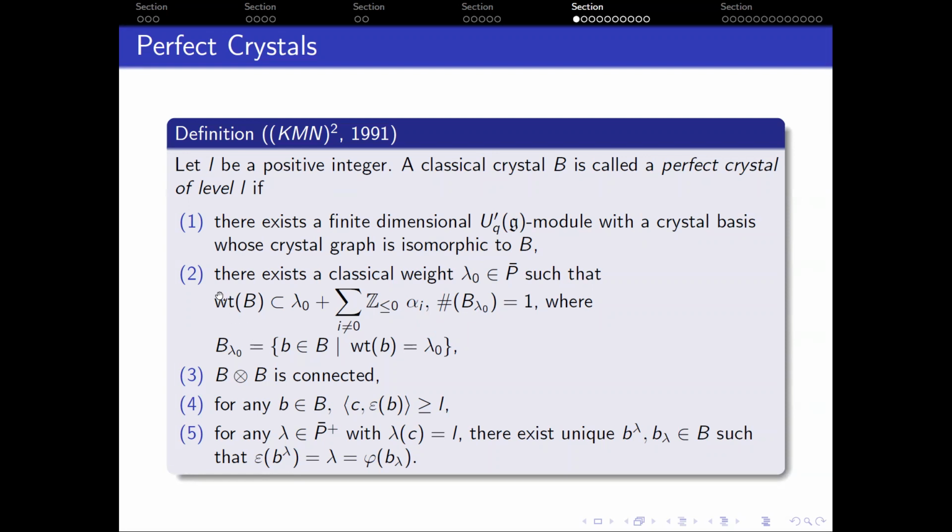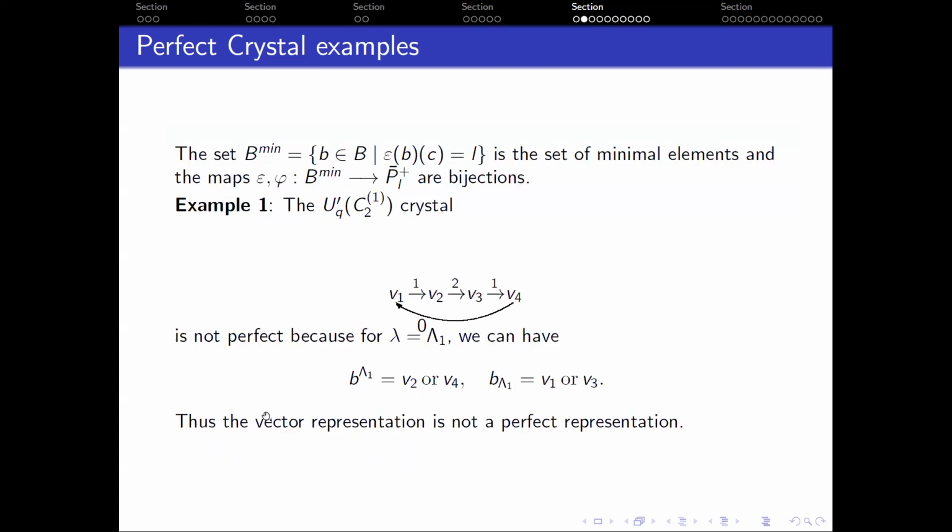Okay, so we defined this so-called perfect crystal. It has 5 conditions. The first 2 conditions are representation theoretic, and the last 3 conditions are just combinatorial. In particular, we have the concept of minimal element.